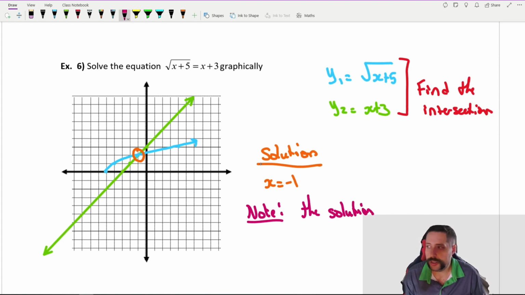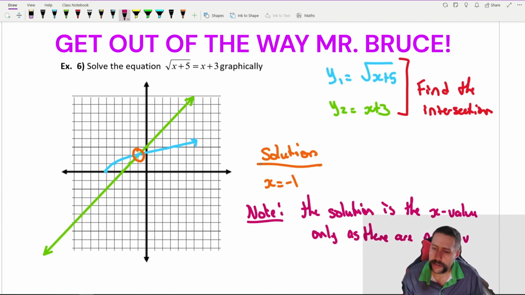Okay, so the solution is the x value only, as there are no y values in the equation.